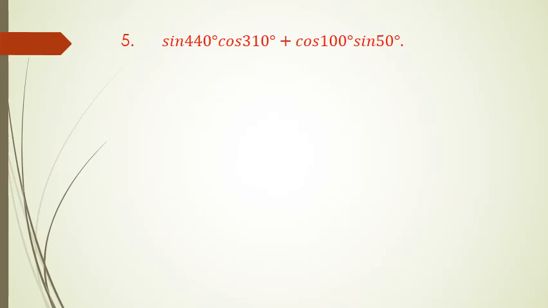Question number 5. Sine 440 degrees cos 310 degrees plus cos 110 degrees sine 50 degrees. Now in this expression, we observe that three of the angles are not acute, so we must deal with those first.